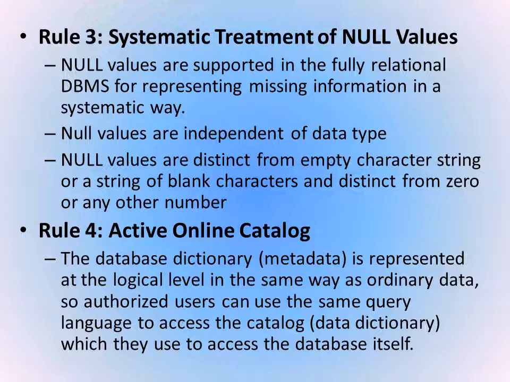A null value is distinct from empty string or 0 value. However, null cannot be applied to primary key. That means the column that is defined as primary key, for that column we cannot use null.